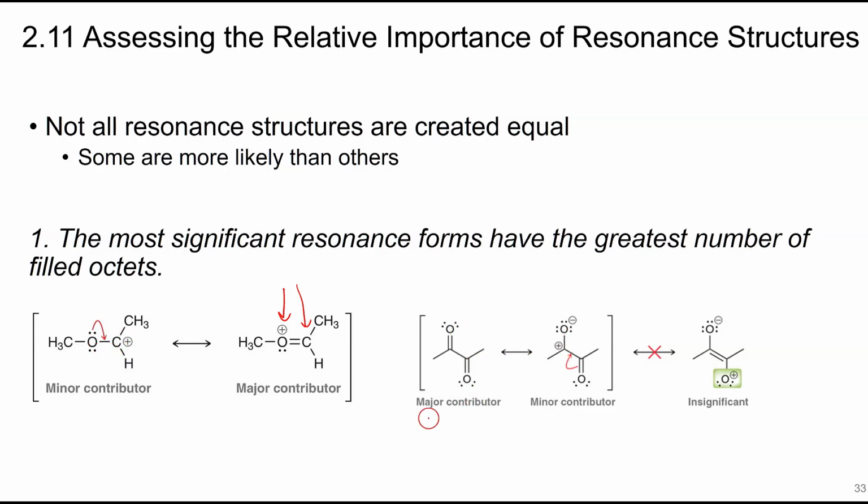Again, here, this is going to be the major contributor. We have full octets here. This one is deficient. And then this one is insignificant because you have 2 really unhappy atoms. This one is miserable. An oxygen with 2 lone pairs and 1 bond is not a happy camper.